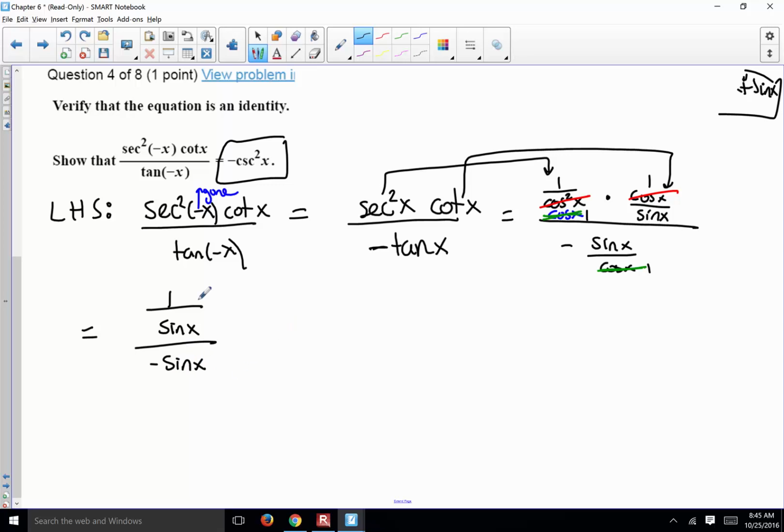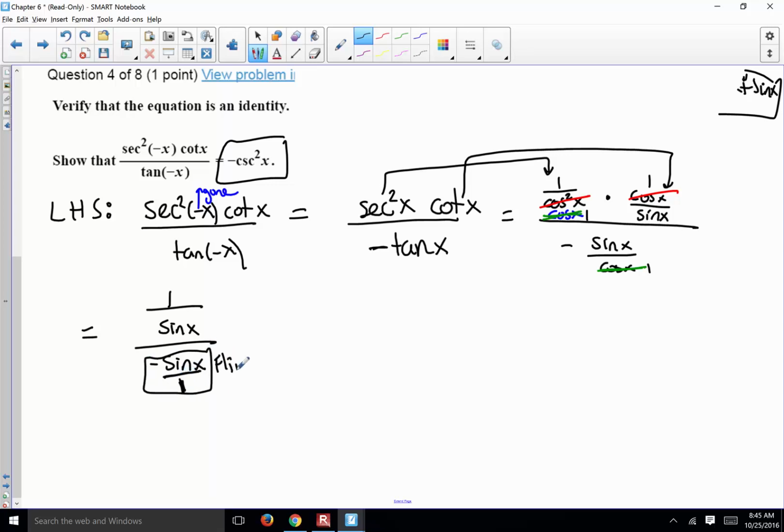How do I combine this? Let me show this one. How do you combine that top and bottom? If you have a fraction divided by another fraction, the way you combine is multiply by flip. We flip and multiply.